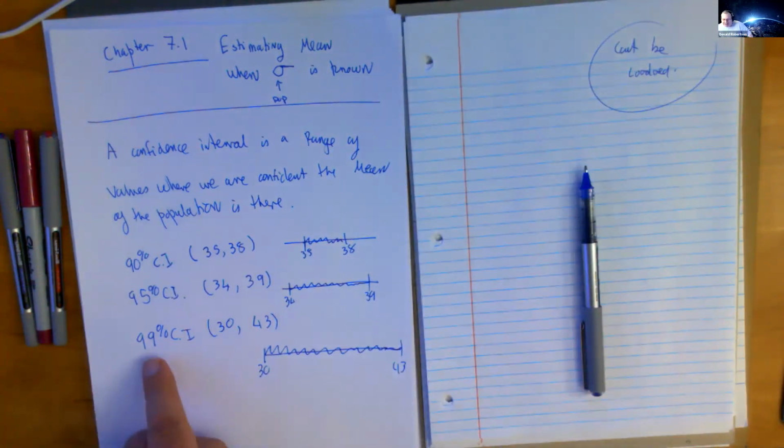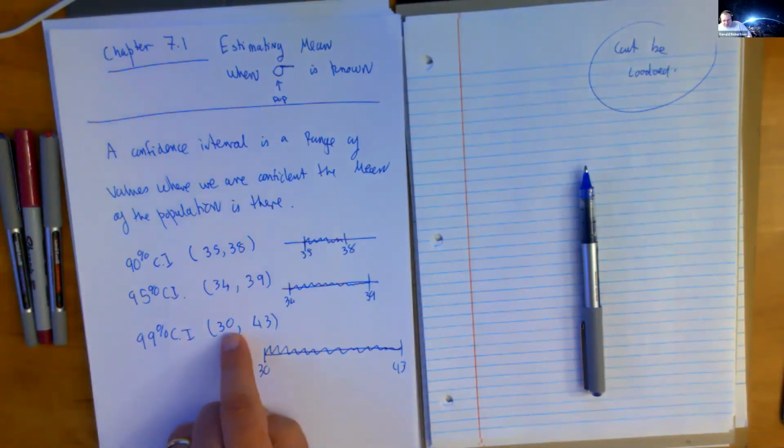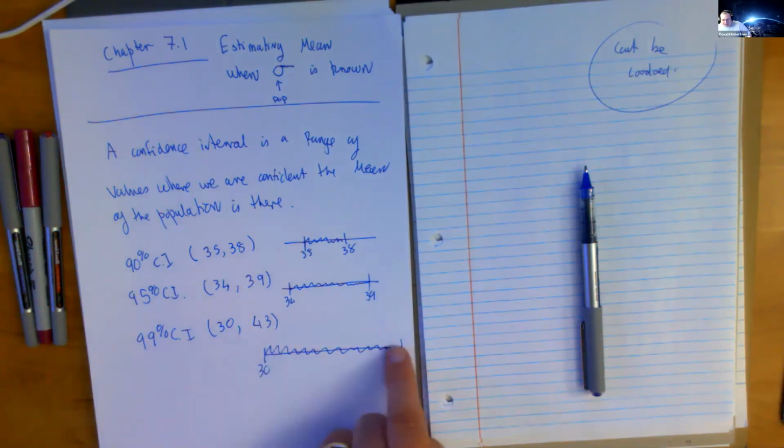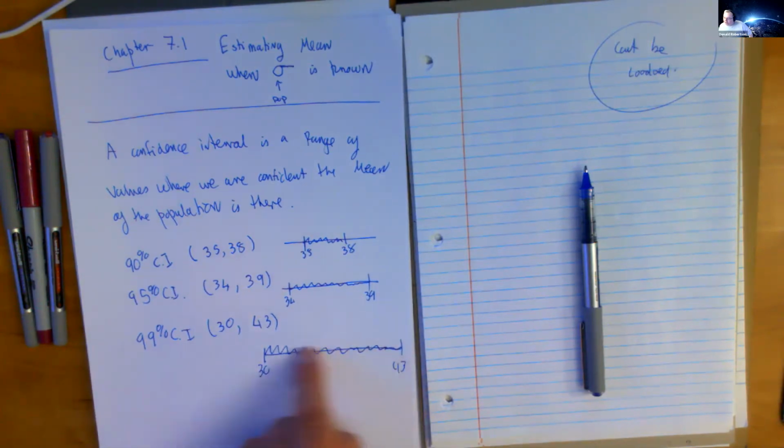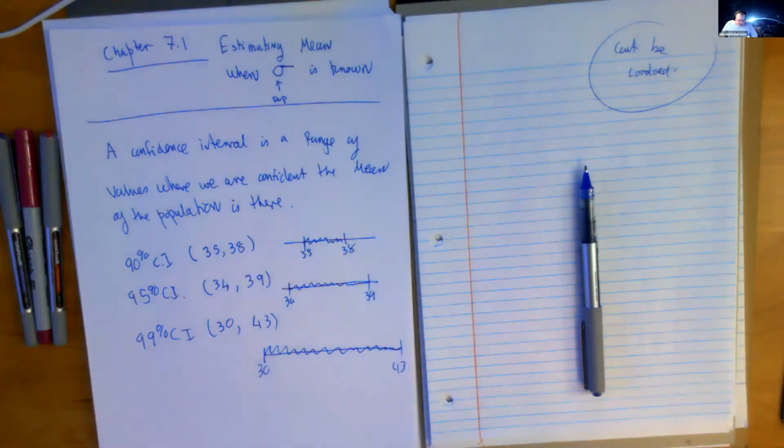I'm 99% confident that the average age of Americans is somewhere between 30 and 43, right? Now you can see that that's the biggest one. So a truism here is that if you want to be really confident, 99% sure that you've nailed the number that you're looking for, in this case, the average age of Americans, you have to have a really big interval, right? And if you want to be 90% confident, then you've got a smaller one.